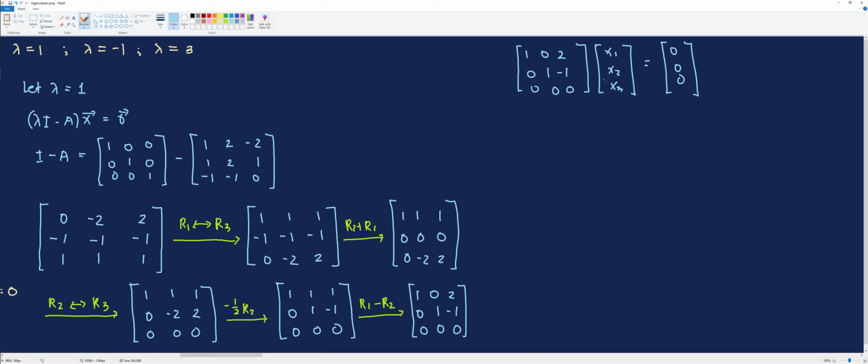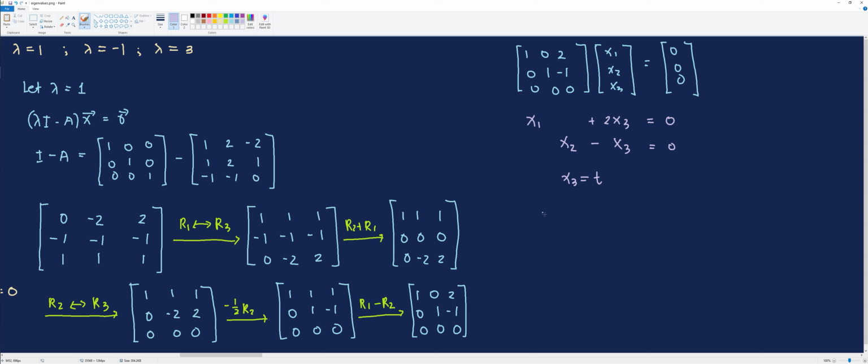So we now have the solution of our system of linear equations. That is x sub 1 plus 2 x sub 3, and here we have x sub 2 minus x sub 3. And x sub 3 here is our free variable. Therefore, we may say that x sub 3 is equal to t.